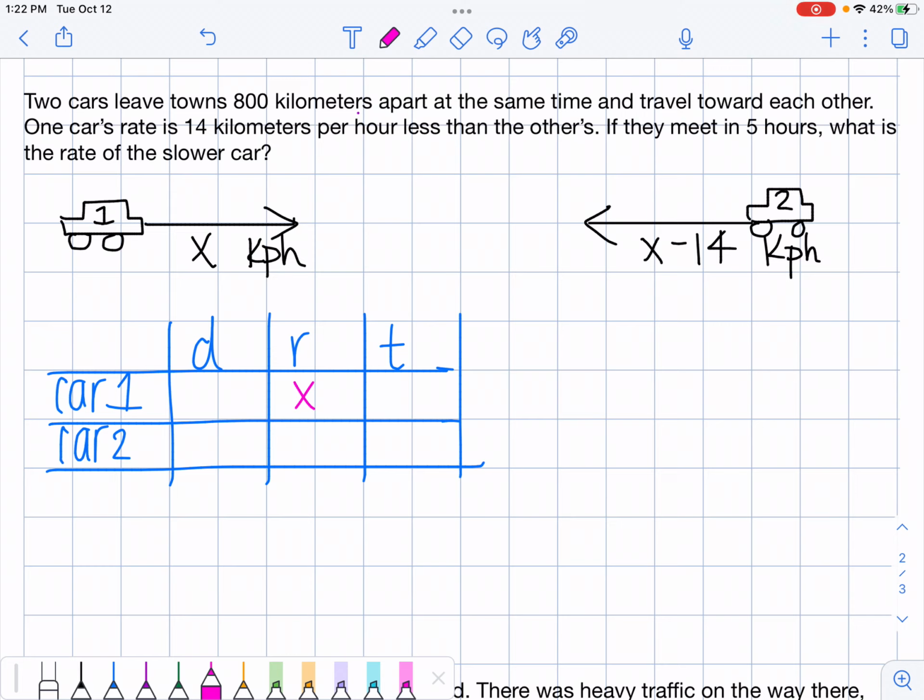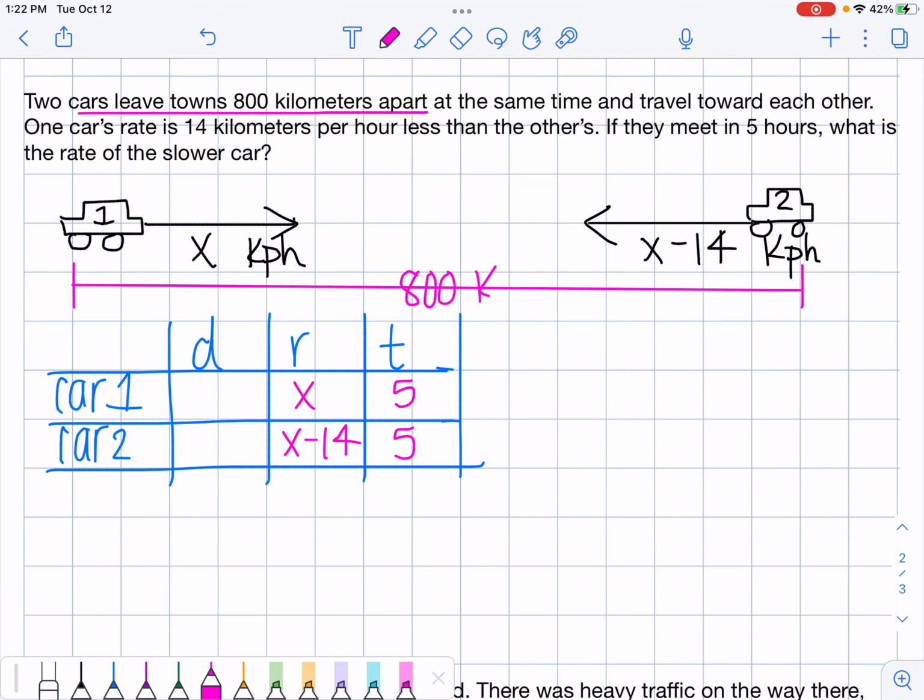And car 2, we said has a rate of x minus 14. If they meet in 5 hours, that means both cars are driving for 5 hours, so their time is the same and their time is both 5 hours. Now, it did tell me in the very beginning that two cars leave towns 800 kilometers apart. So that means that the total distance here is 800 kilometers.